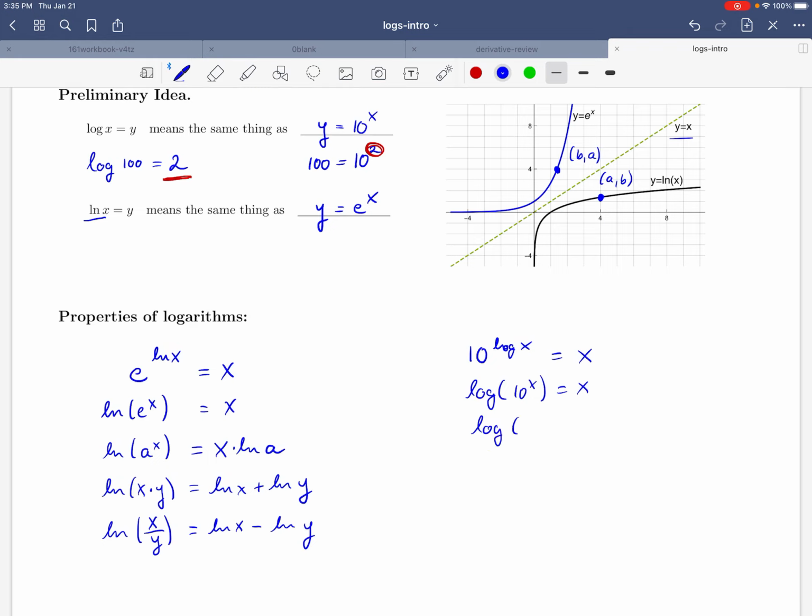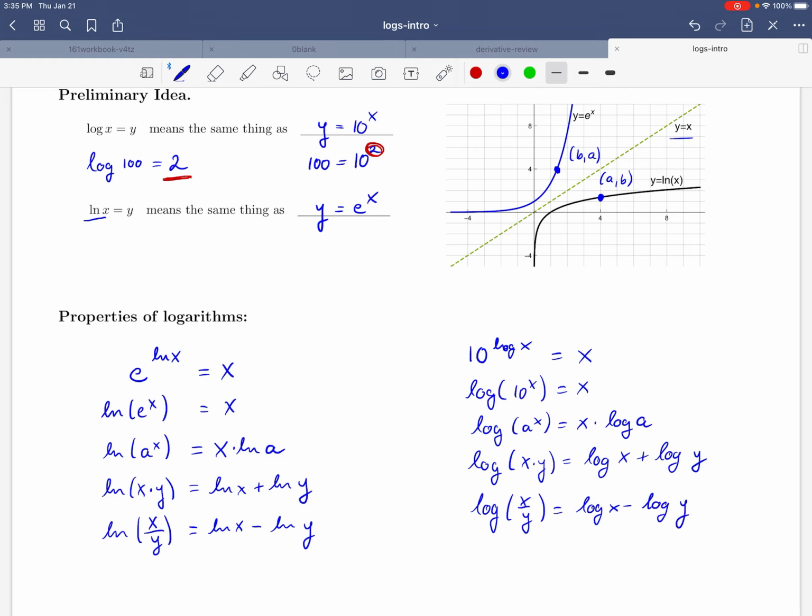The log of a to the x is equal to x times the log of a, and the log of x times y is equal to the log of x plus the log of y, and the log of x over y is equal to the log of x minus the log of y.